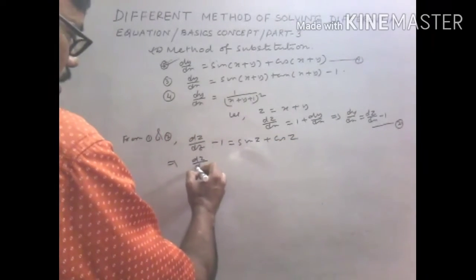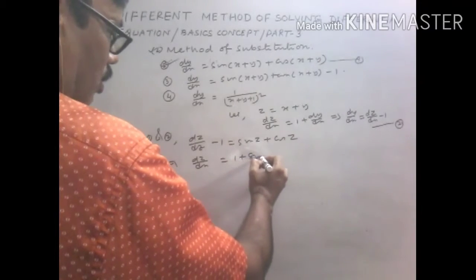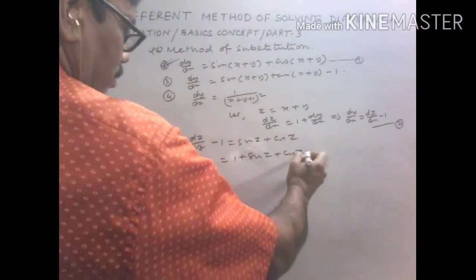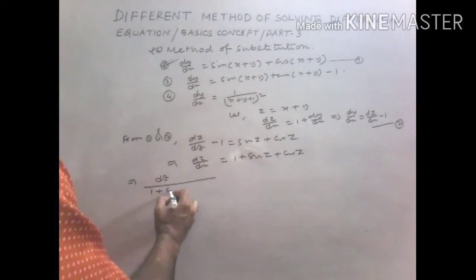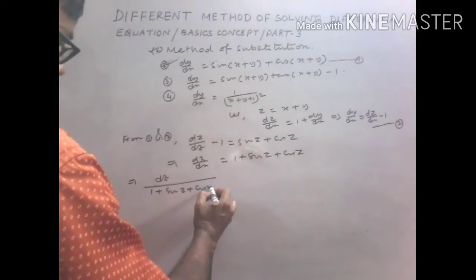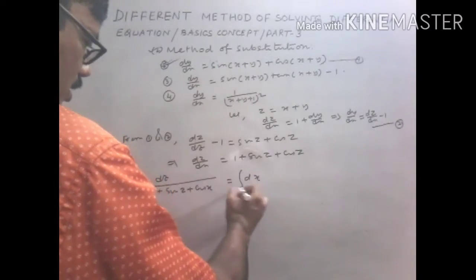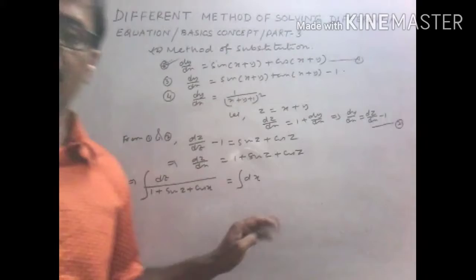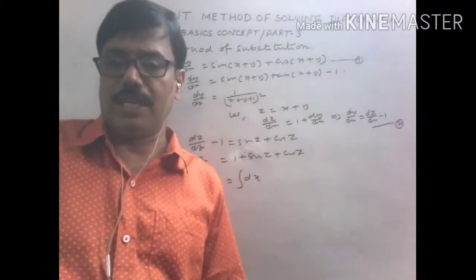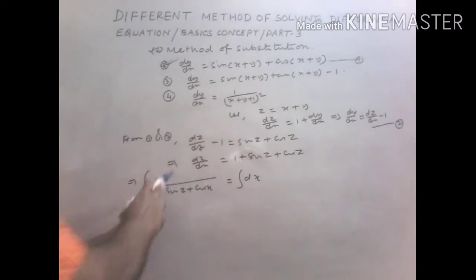So dz/dx equals 1 plus sin z plus cos z. So dz by (1 plus sin z plus cos z) equals dx. Now the variables are separated. Now it reduces to the problem of integration, so it is trigonometric integration.